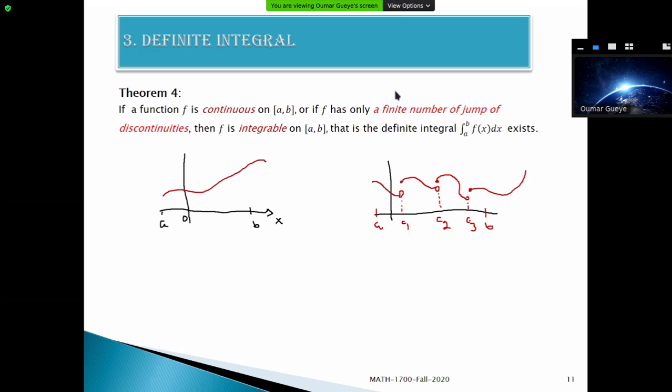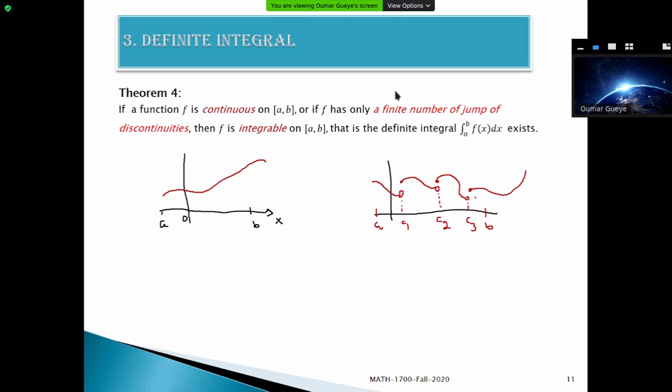And it's a jump discontinuity, because you can see up to here, the function makes a big jump up here, and you have to do a big jump to continue. That's why we call this kind of point a jump discontinuity. But there should be a finite number of them in order to get a function which is integrable.